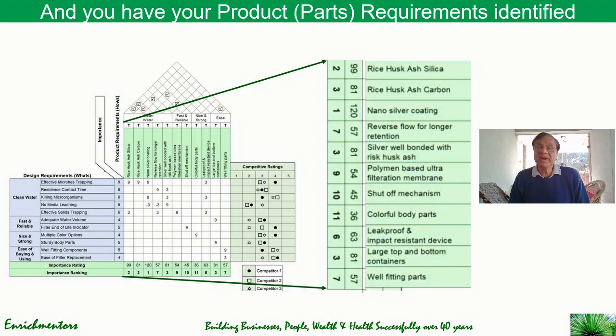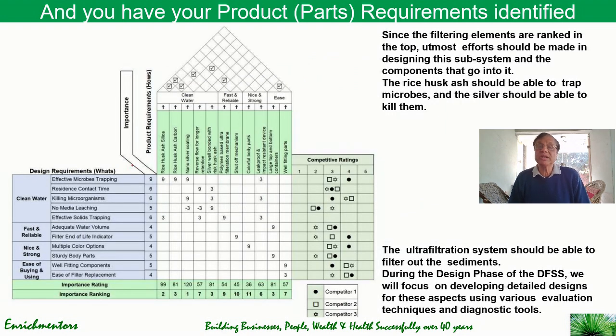Since the filtering element is the most important, the topmost ranked part requirement, utmost effort should be made in designing this subsystem, and that is what we will focus on as we go along in the future. The rice husk should be able to trap microbes, the silver should be able to kill them, the ultrafiltration should be able to filter out the sediments, and like this we have determined the parts requirements with their importance, as you see on your screen now.